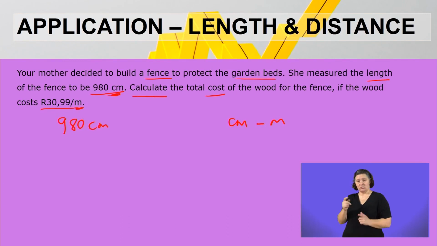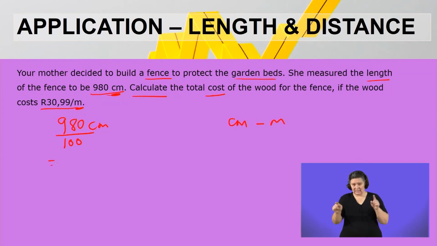That is from small to big, right? Small to big, what happens? I need to divide. So therefore, I'm going to say 980 divided by 100, right? Remember, 100 centimeters equals 1 meter. So when I do that, 980 divided by 100, I will get now 9.8.